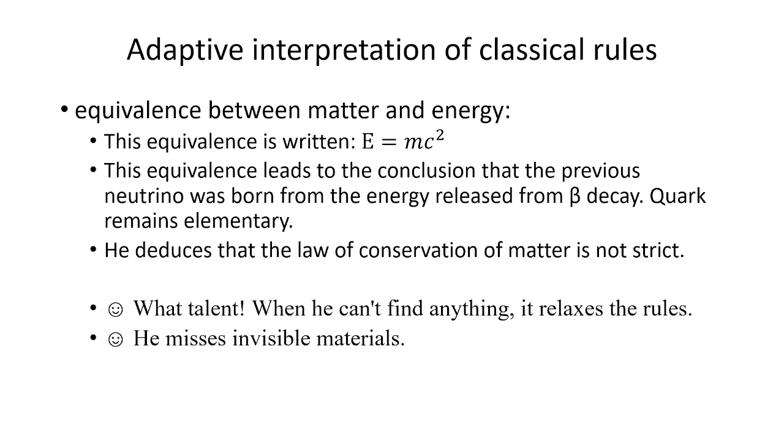Adaptive interpretation of classical rules. Equivalence between matter and energy. This equivalence is written by the formula E equals mc squared. This equivalence leads to the conclusion that the previous neutrino was born from the energy released from the beta decay.